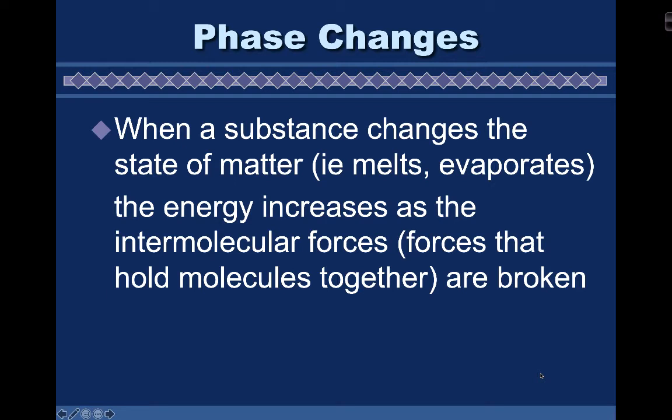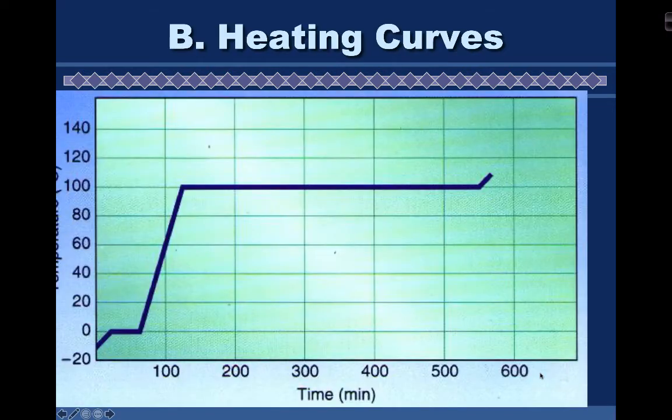So when you go through a phase change, and let's say that you're measuring the temperature, you're actually not going to see the temperature change as we're going through the phase change. So this is what it actually looks like if I were to take a substance, if I take water and I heat it up. So when I take ice and then I apply heat over time, this is what it looks like.